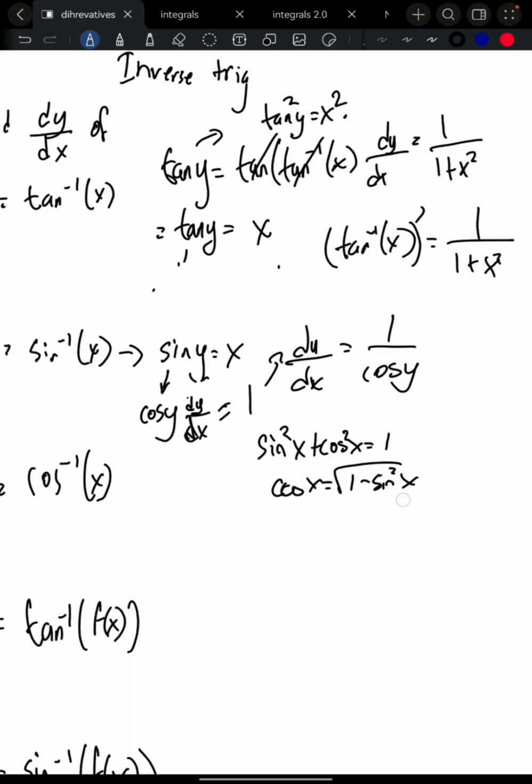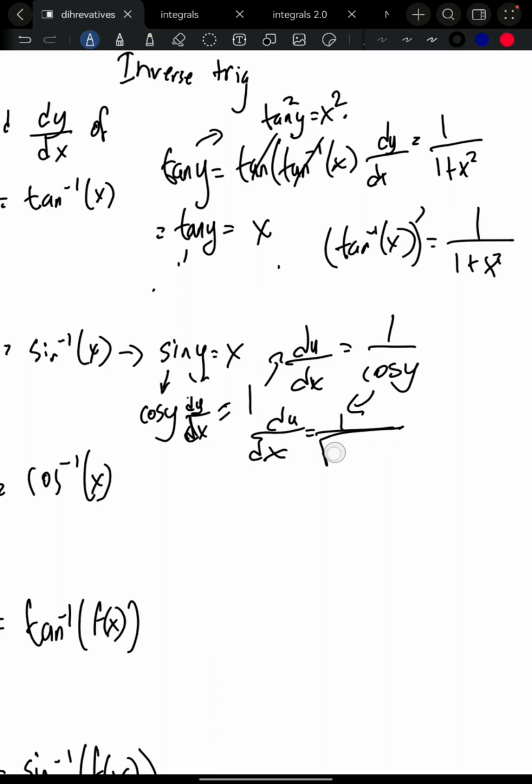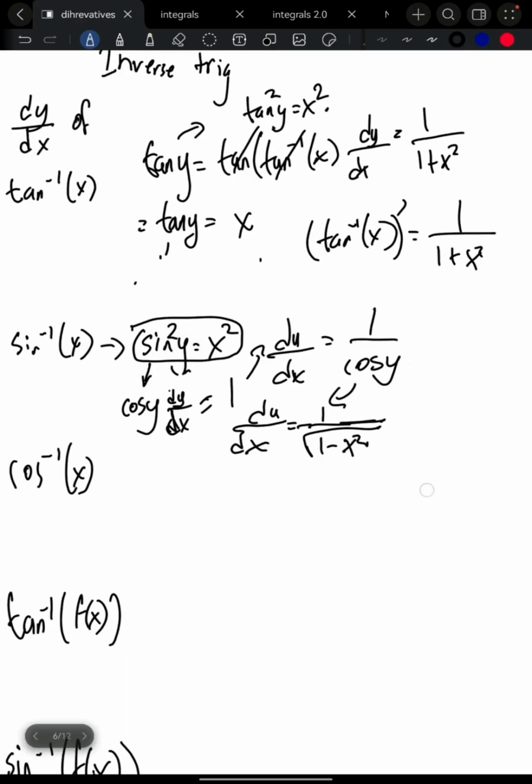So you can write dy by dx as 1 over root of 1 minus sine squared y. But we said y is equal to sine inverse x, right? So sine squared y is just x squared. So you can write it as 1 over square root of 1 minus x squared.